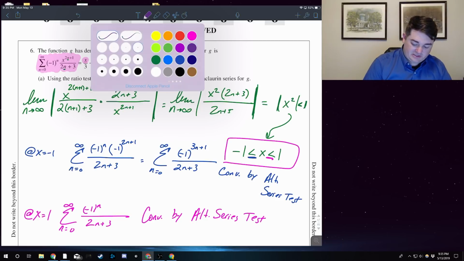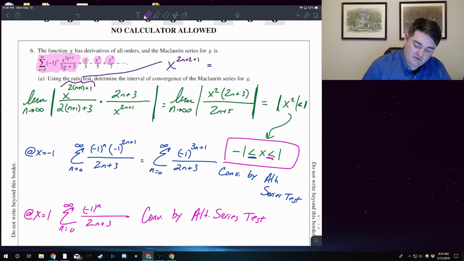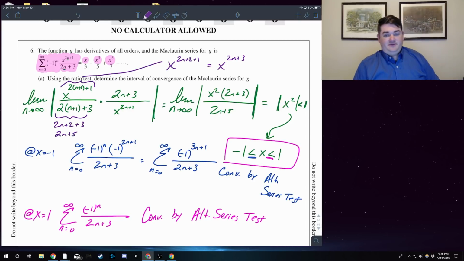So this numerator becomes x to the 2n plus 2 plus 1, x to the 2n plus 3, and this denominator becomes 2n plus 2 plus 3, which is 2n plus 5. So it's because the n is being replaced by n plus 1, and it has a coefficient, so that's what's going on there.